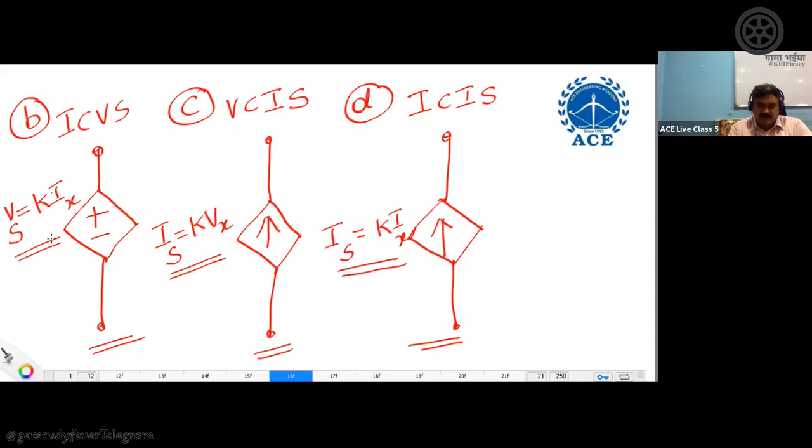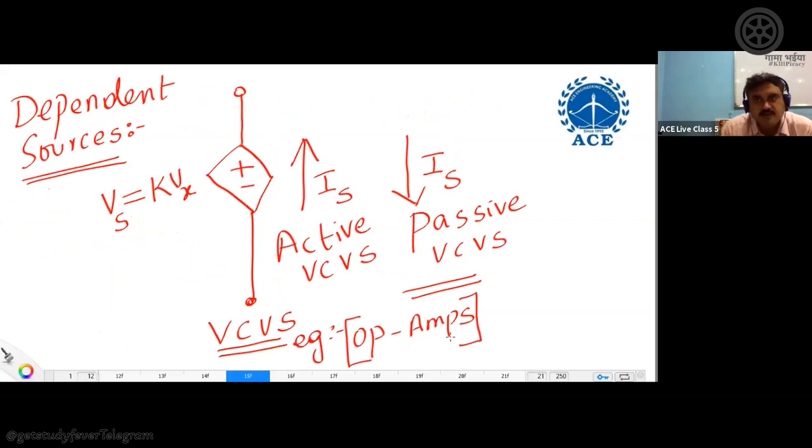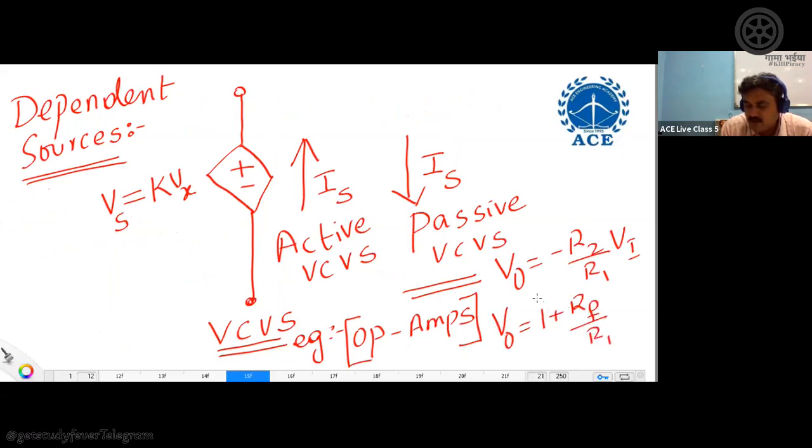Now, practically we can have these examples also. Voltage controlled voltage sources, best examples are operational amplifiers. Output voltage is completely controlled by some gain parameter times input voltage, correct or not? What are the op-amp equations you write? Output you write as minus R2 by R1 into input, or you write output voltage as 1 plus RF by R1 into input voltage.